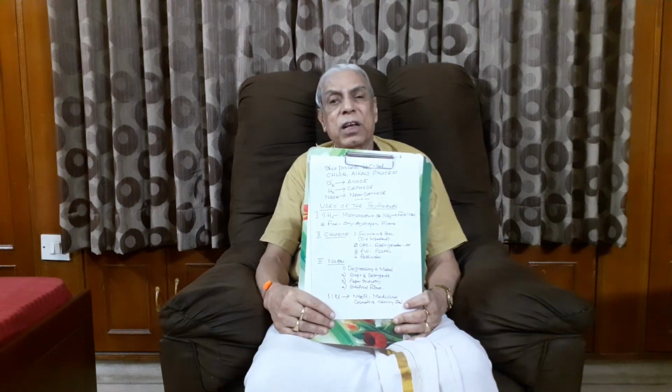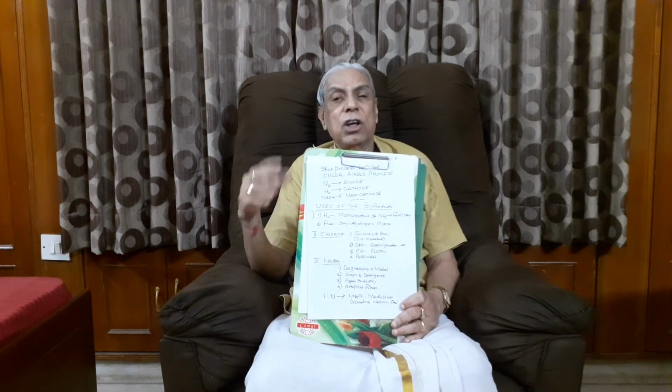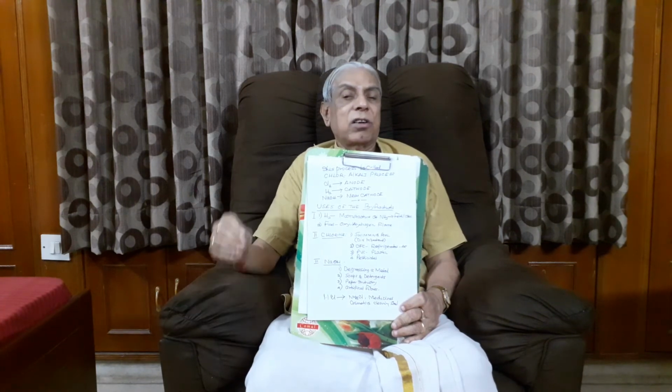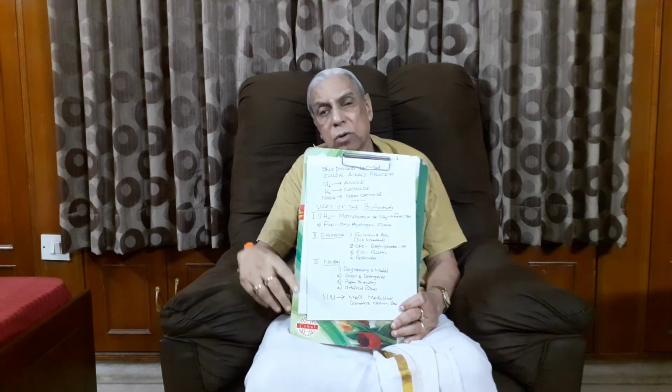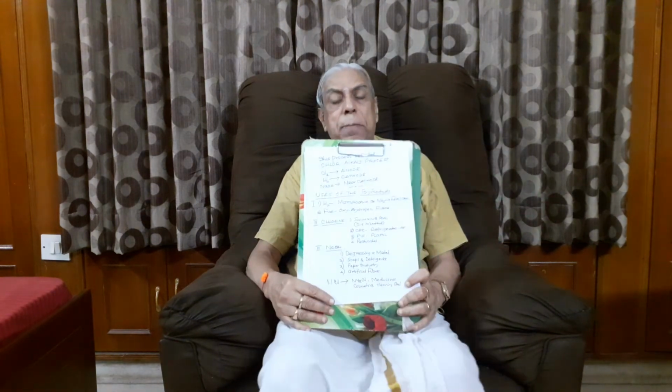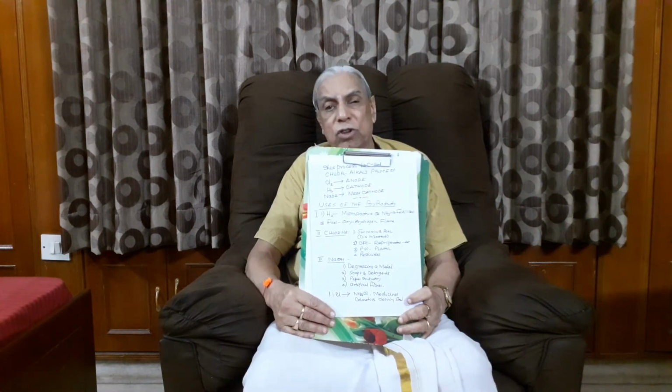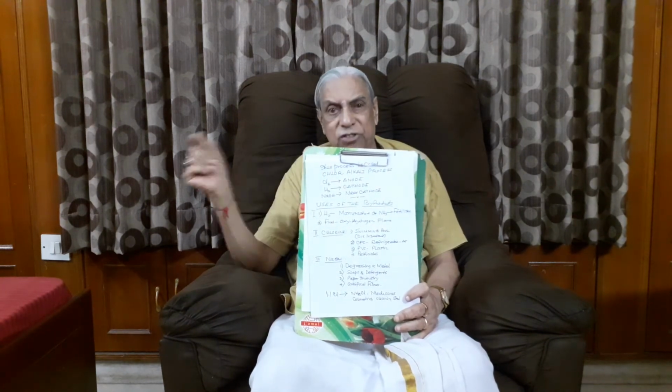And it is extensively used in the manufacture of soaps and detergents. It has the highest importance. So sodium hydroxide is extensively used in the manufacture of soaps and detergents, and it is used in the paper industry also, to bleach the paper, as a bleaching agent.